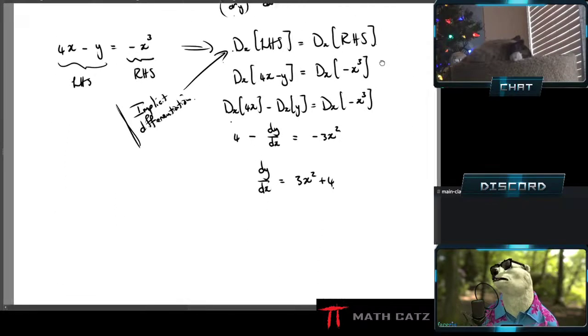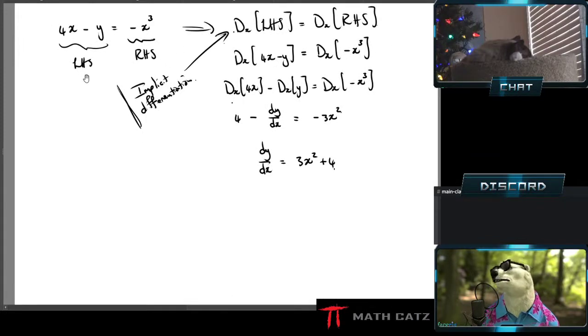Or do I start with something that's a little more hidden? I could solve for y, but we'll soon see that we can't always solve for y. But we can always do implicit differentiation. So this is part of something bigger than functions that we're trying to get to.